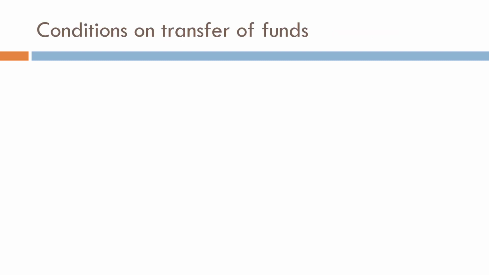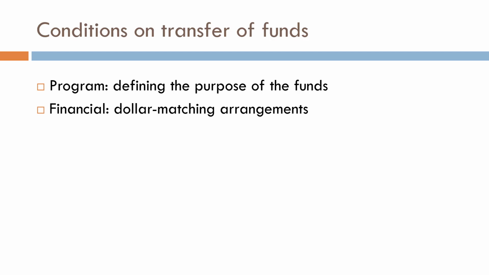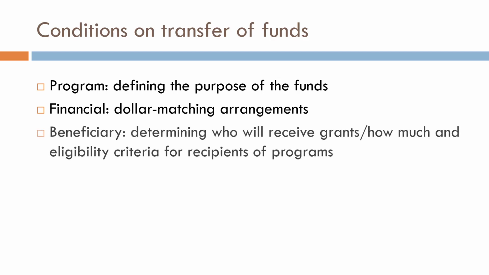Okay. So let's talk a little bit about conditions on transfer of funds. There are four main types of conditions that can be put on the system of transfer. The first involves program conditions. This is where the federal government is defining the purpose of the funds, the degree to which it does that. And then there are financial conditions. These involve dollar matching arrangements between the federal government and the other lower levels of government.